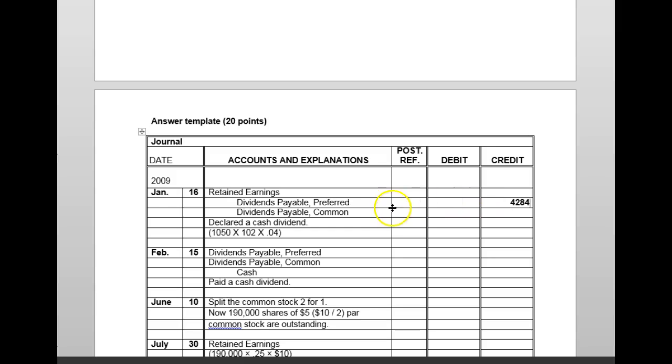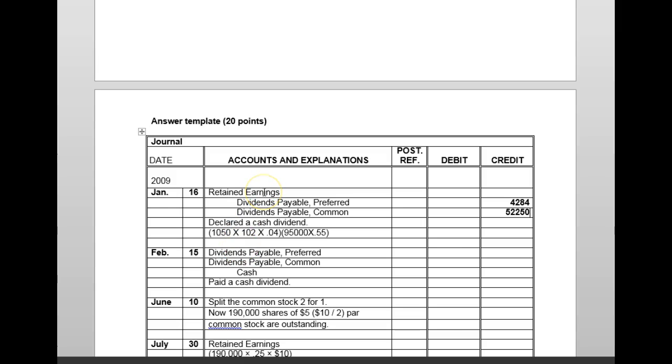And I believe that comes to 42.84. Now, your dividends payable for common is really easy because you're just multiplying the number of shares, which is 95,000, times 0.55 or 55 cents. And that comes to 52,250.